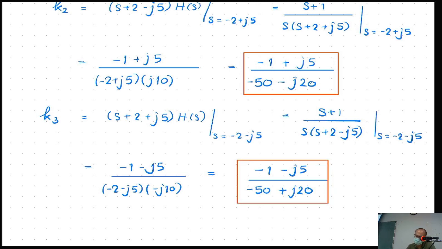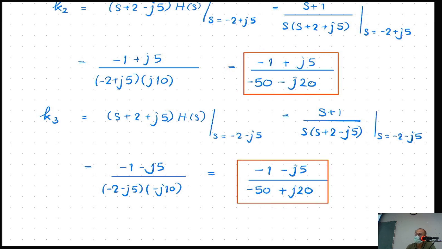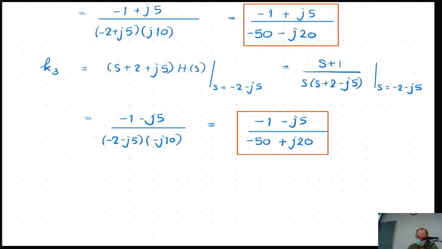They are pretty similar, right? And if you use your calculator, you will find that these two numbers are complex conjugates of each other. So here we see that K2 and K3 are conjugate pairs.